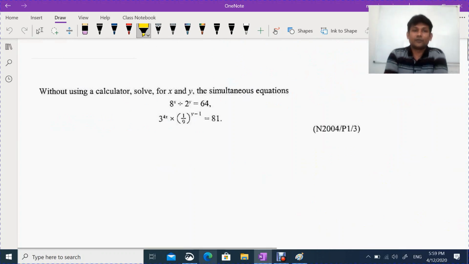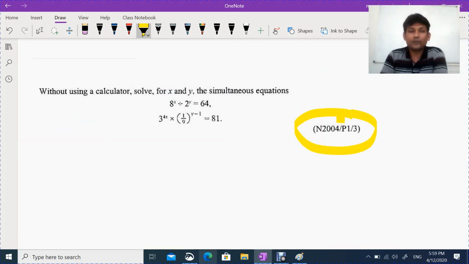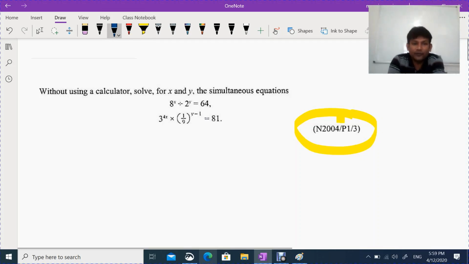The first question is from November 2004, paper 1, question number 3. This is one type of simultaneous equations. I would like to do it a little bit fast. 8, 2 and 64. Can we make all the bases 2 cubed?